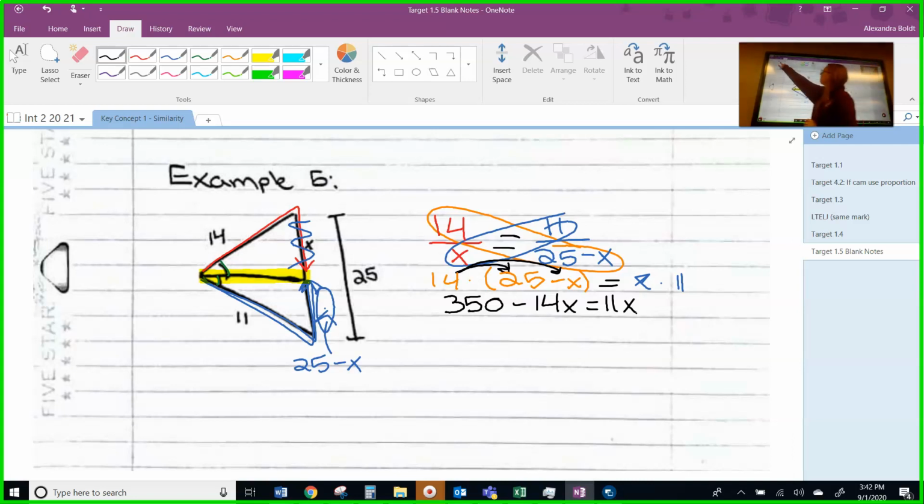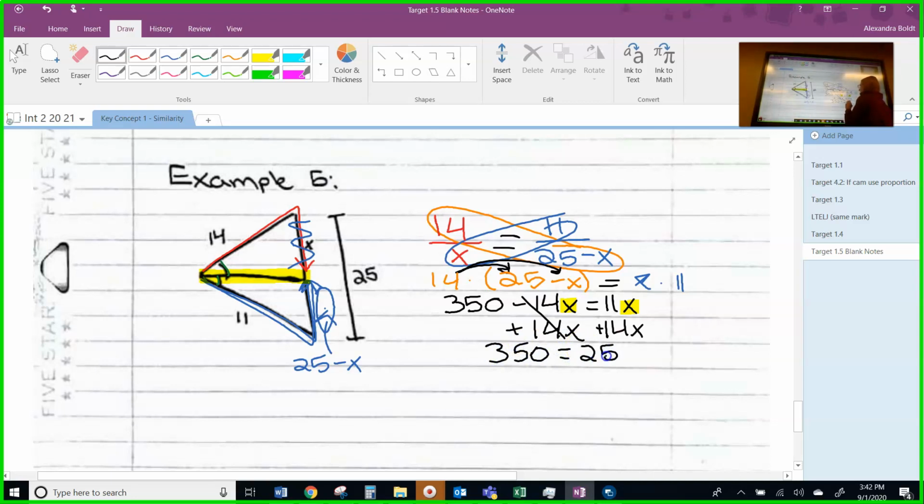Then I'm going to add, hold on, solving for x, right? And there's 2 of them, so I need to get rid of one whole term of x's. So I'm going to get rid of this 14x. That makes that one go away. And I have 350. And 11x plus 14x is 25x. Okay. Now I just have my x in one spot.